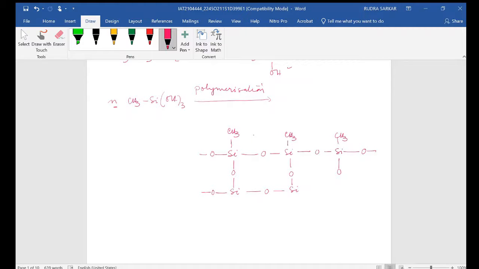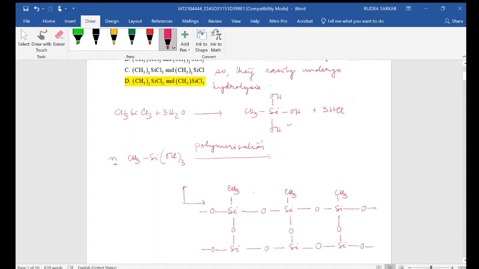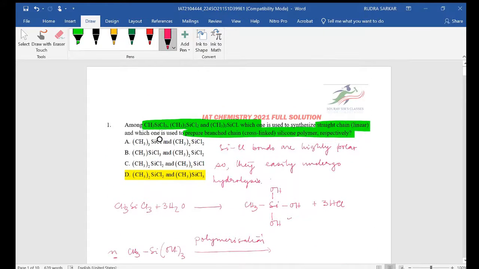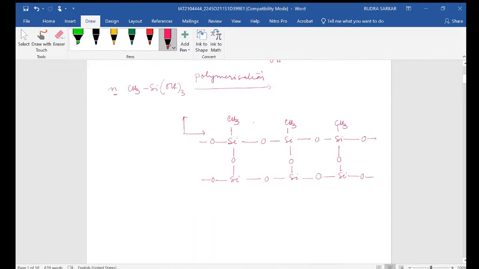Not only can it extend its branching along the x direction, but also along the y direction, and that type of linking we will say is a cross-linked silicon polymer.